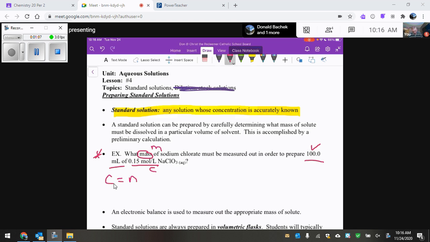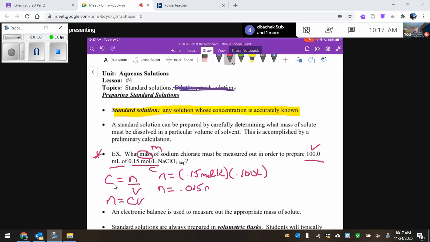So I'd use this formula here, C equals n over V. And very, very often we're going to be doing a little bit of this n equals C times V thing. So if I put that in, C is 0.15 molar, and V is 0.1 liters. You got to make sure you're using liters in this formula, and that'll give you 0.015 moles.